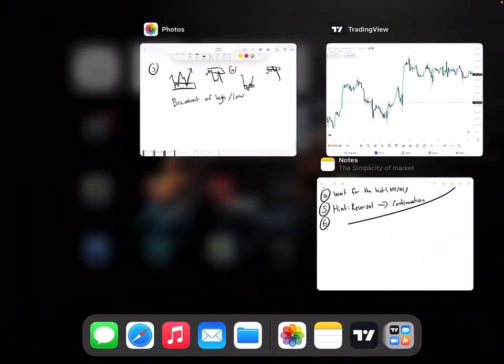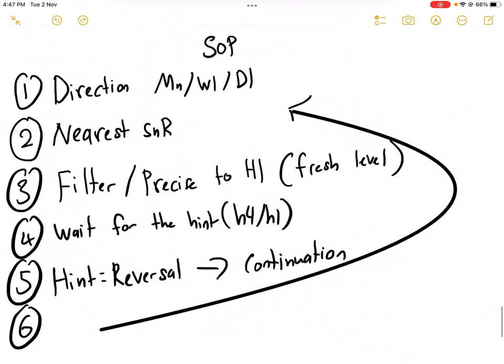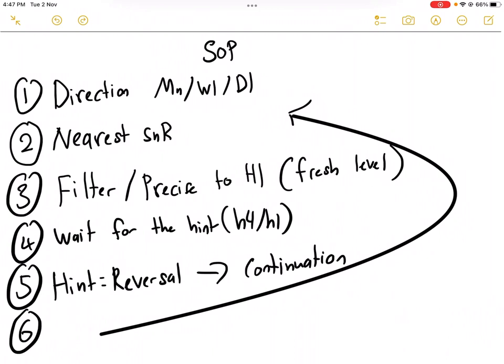So here is the final. You can see direction first, nearest SNR, then we look for the roadblock, for us to alert, or to find re-entry.